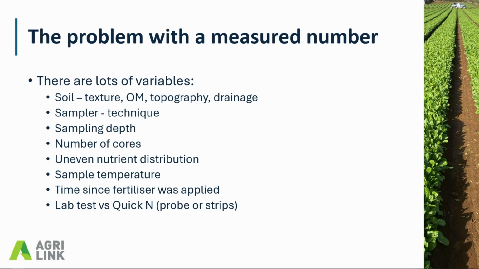Literally, how many cores have you taken? How representative is that sample? Nitrogen distribution, even. Glorious days like today, just the temperature that the sample is collected at and sent down to a lab. All these things.